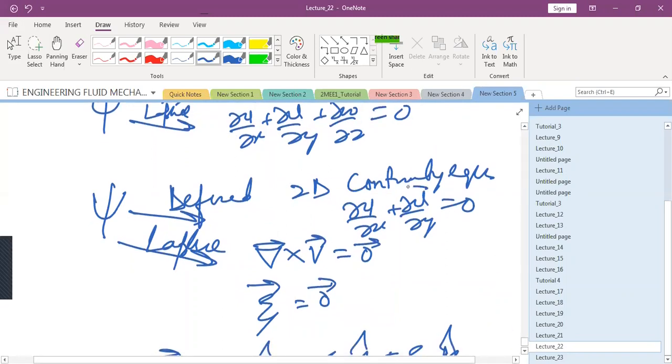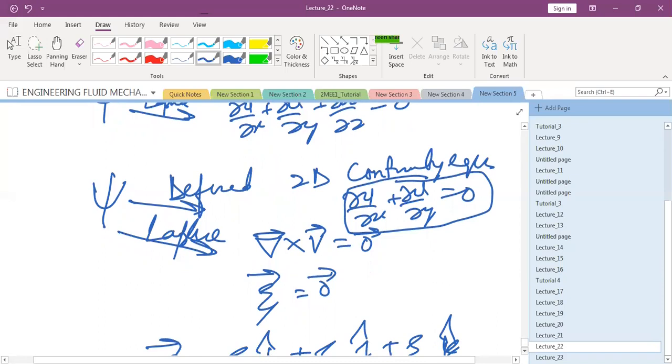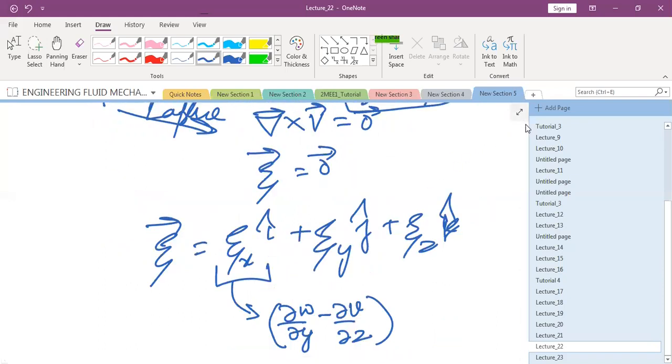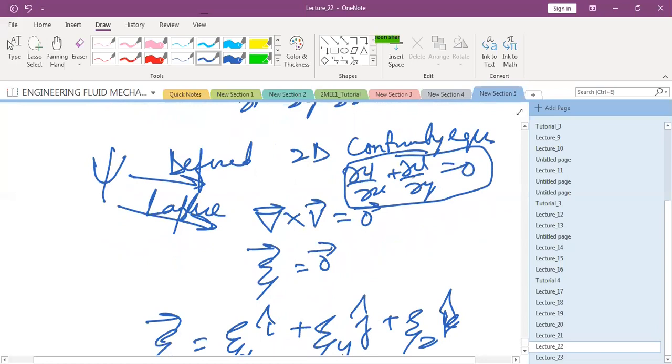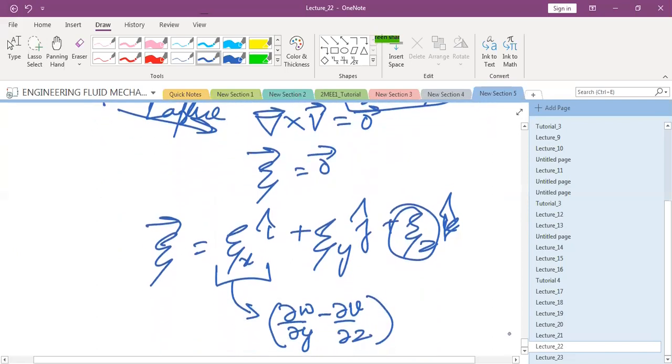Now, in this case, which zeta will you apply? Zeta z, sir. What is zeta z? Curly v by curly x minus del u by del y.